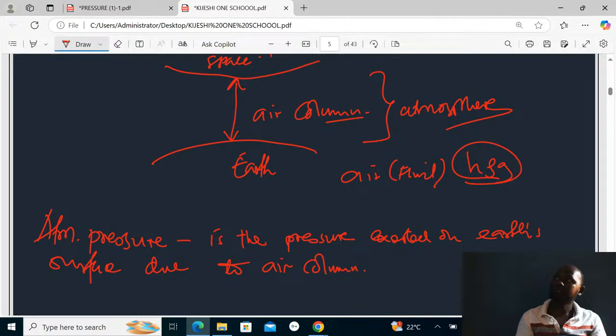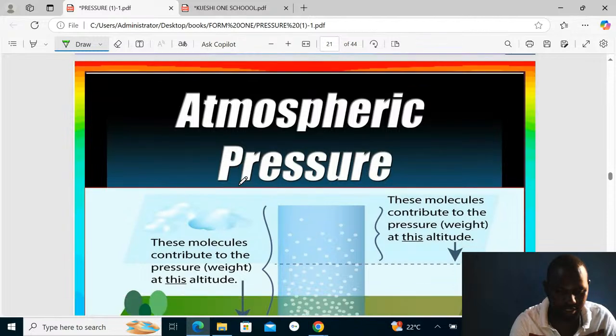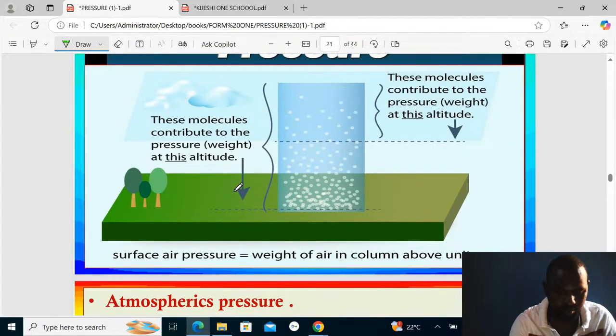We can try to demonstrate this. As you can see from the diagram, these air particles will exert their own weight on Earth. And this is the one that is going to cause atmospheric pressure.